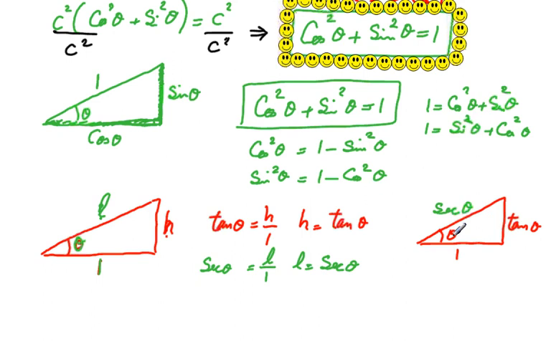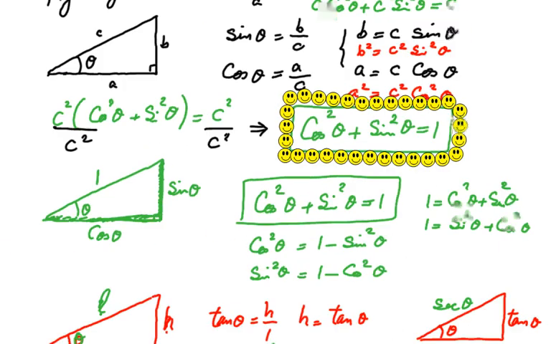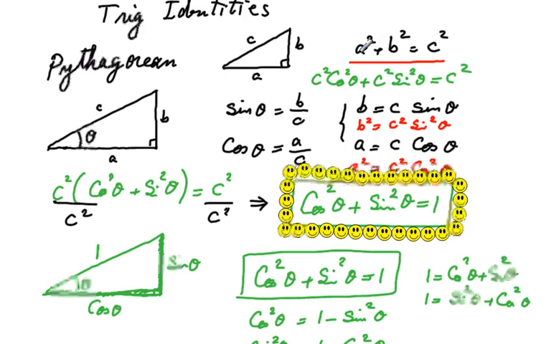So if I take my angle and call the adjacent side of it 1, the opposite automatically becomes tangent, and the hypotenuse automatically becomes secant. Now, any right triangle, however you want to name the pieces, still satisfies the Pythagorean identity.